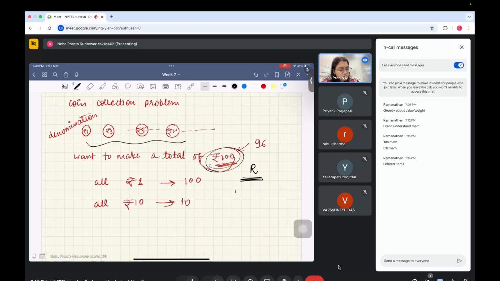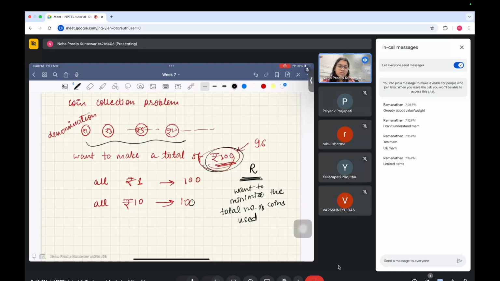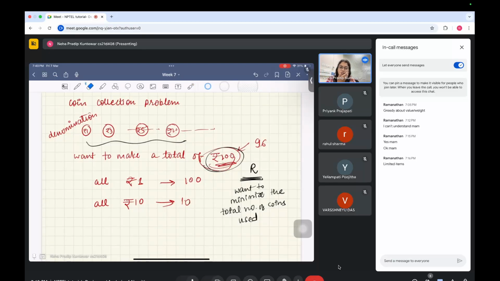But what I want to do is minimize the total number of coins that are used. In this case it's very obvious that if I use all rupee 10 coins, then I'm going to make a total of 100 by just using 10 coins. So in general, if I just give you some rupee r, and these are not the exact denominations that are given to you, this could be any non-zero numbers.